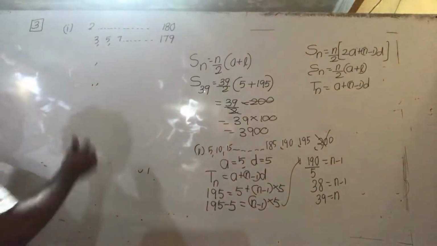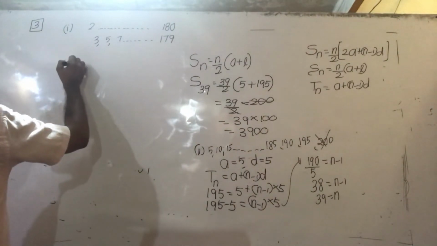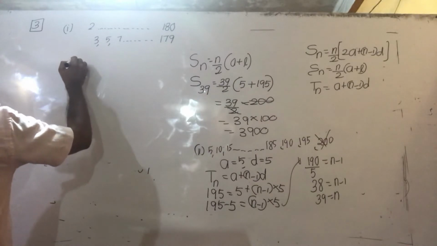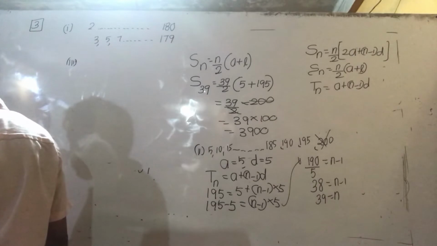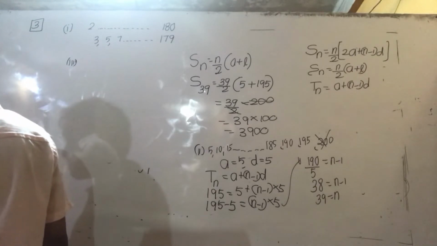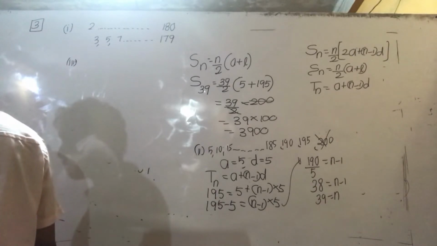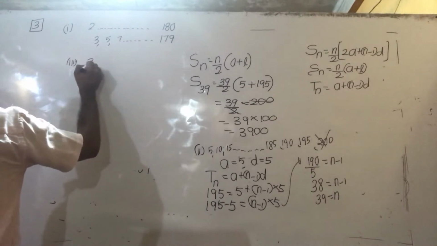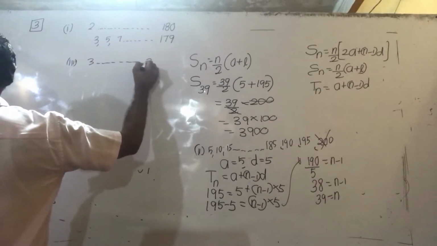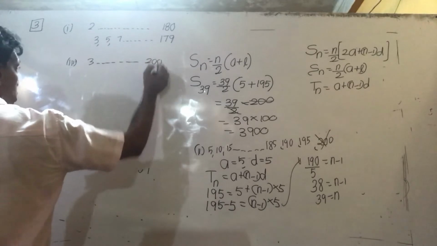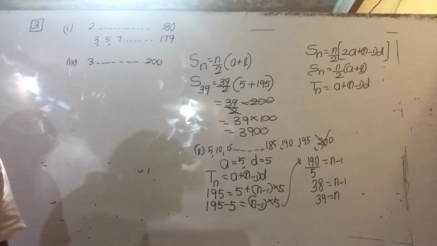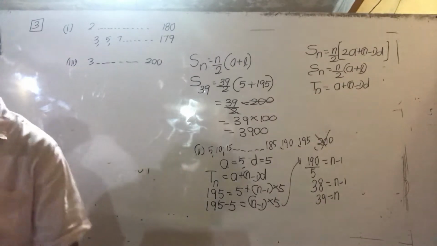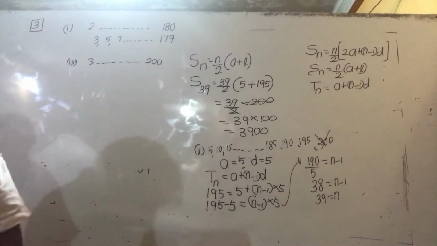Stop the video, try the next part, pause the question, the third part. Find the number of terms between 3 and 200 whose remainder upon division by 4 is 1, and find their sum.